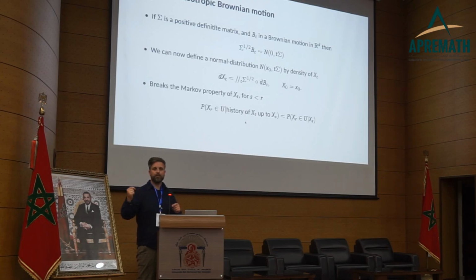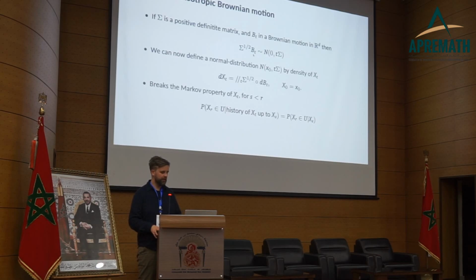But it doesn't really matter how it got to wherever point it is at time 1. The Markov property is that the history of the curve up to point s does not affect the probability, only the final point.